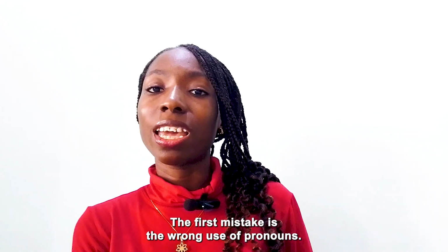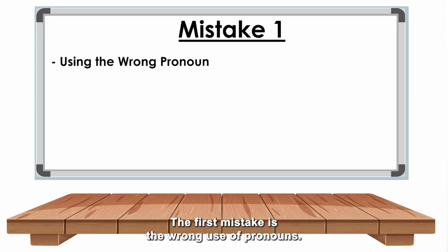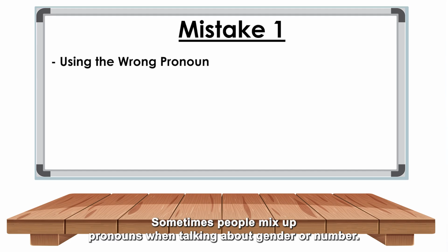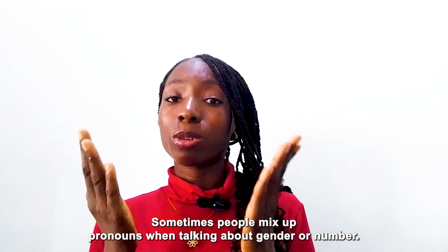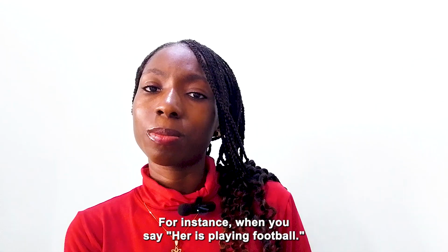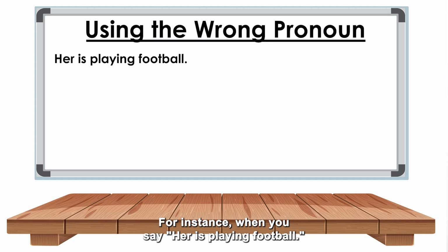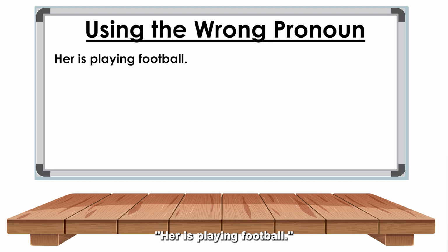The first mistake is the wrong use of pronoun. Sometimes people mix up pronouns when talking about gender or number. For instance, when you say, "her is playing football," it's wrong.